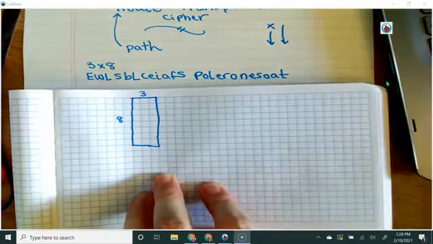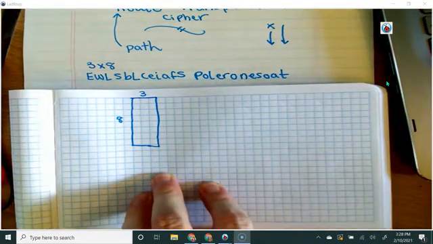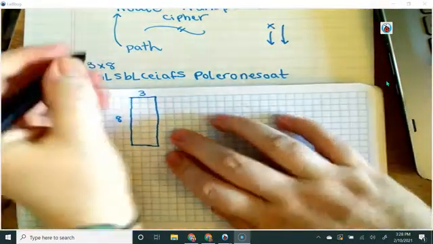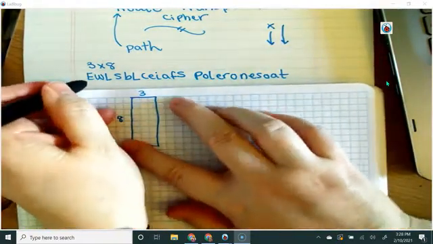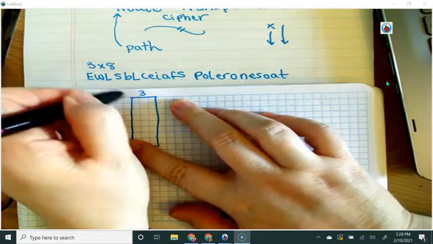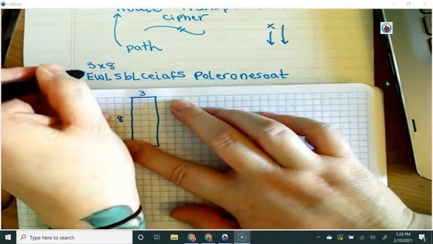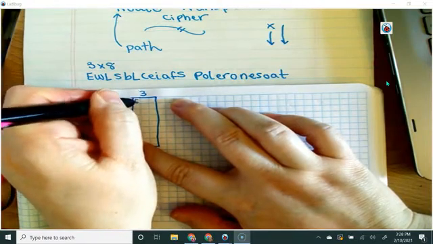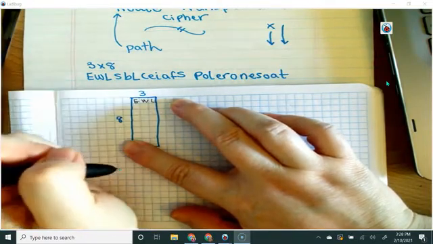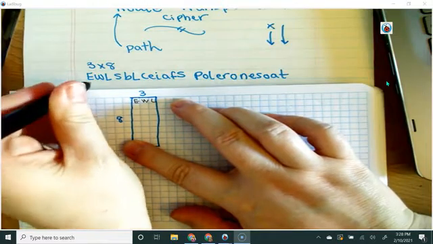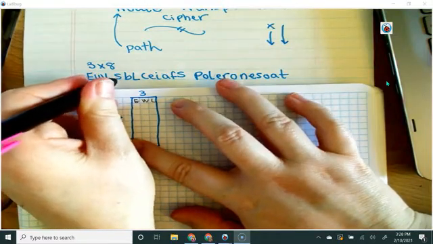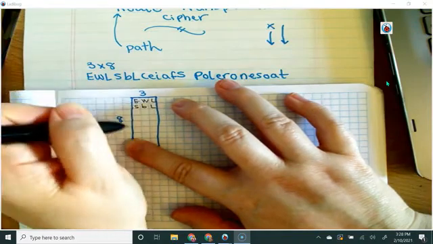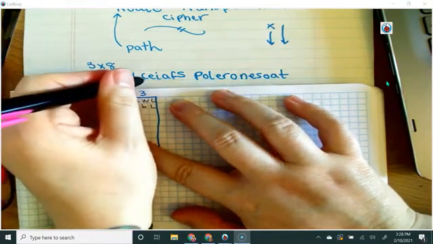So what I'm going to do first is think about that path that should be there. And I'm going to start, and I'm just going to be grouping this in 3s. So I'm going to be thinking, okay, EWL. That's my first one. Then I'm going to put my next 3, SBL. Then my next one, CEI.